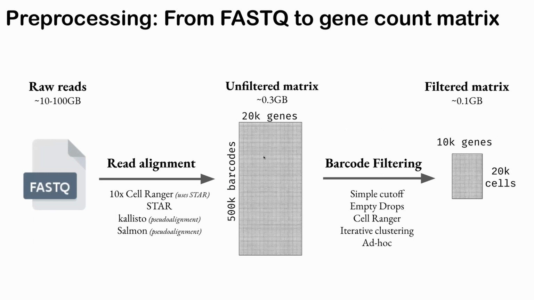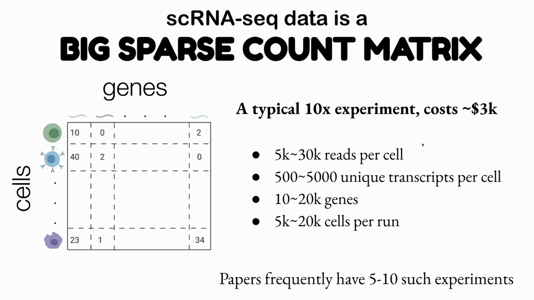This gives you this big matrix that has every barcode that was seen at least once in the sample, and then you filter it. And usually, after this filtering, you're left with about 10,000 genes and 20,000 cells. And so the fundamental object in single cell data is this big sparse gene count matrix.